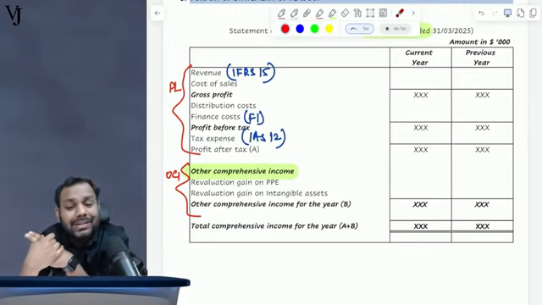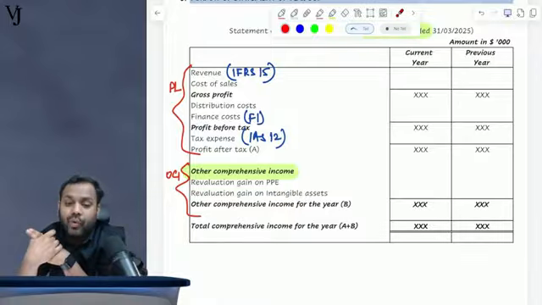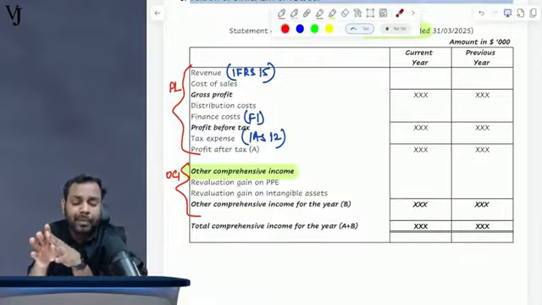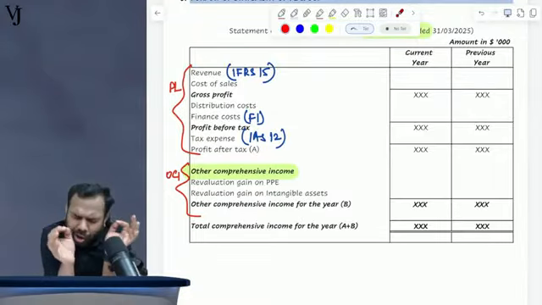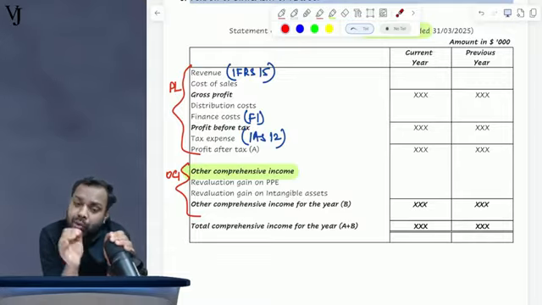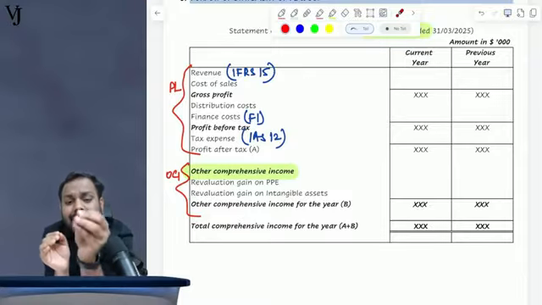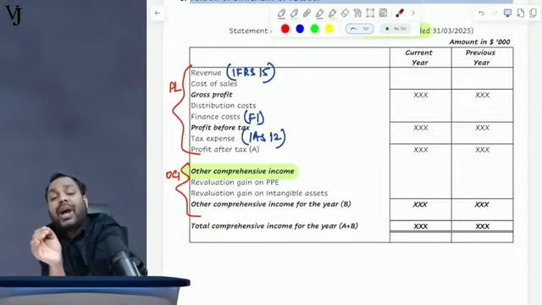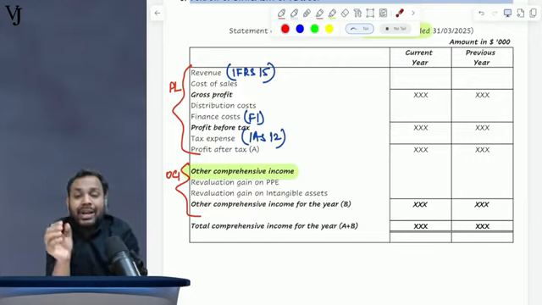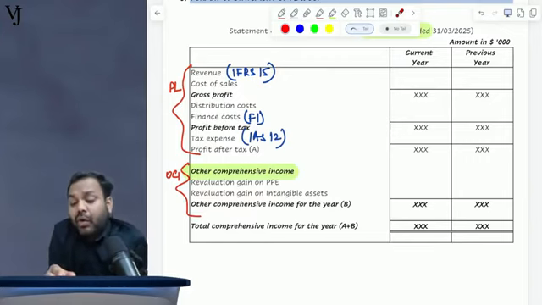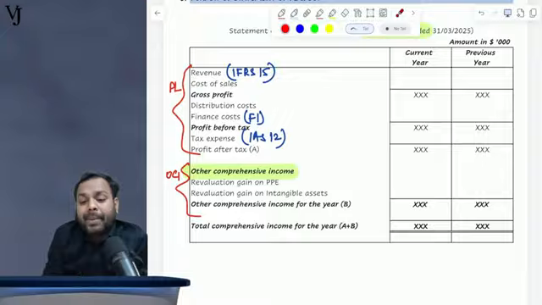So now the standard setting body knew this fact. So they told, okay, all the income and expense during the year will go to P&L, except for a few line items which they have specified, which will go to other comprehensive income.